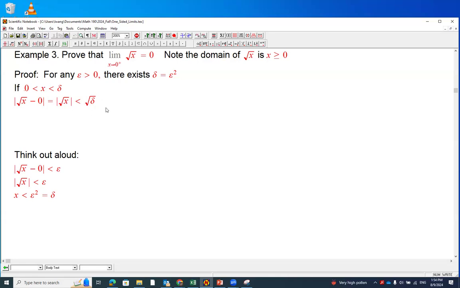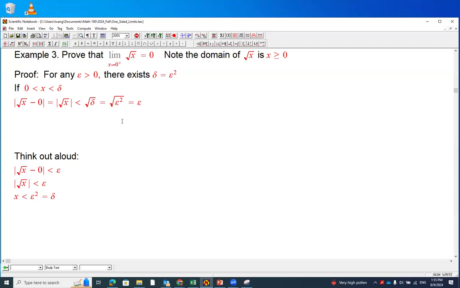And this time the absolute value is no more needed because we're dealing with positive numbers. And then the square root of delta, and delta is epsilon squared, that's going to be epsilon because it's positive. Epsilon itself is positive. You don't need the absolute value sign for it. So by this time, we have proved it.